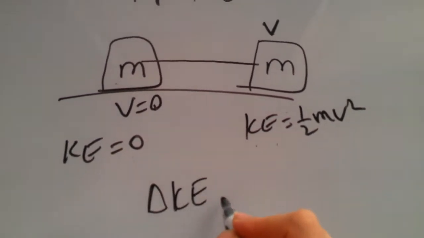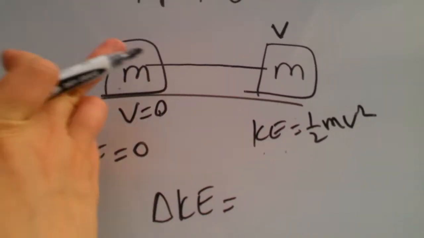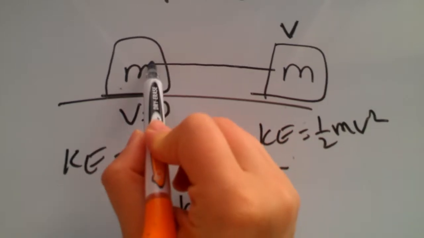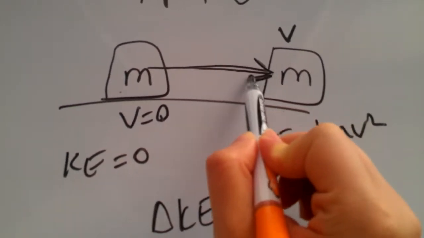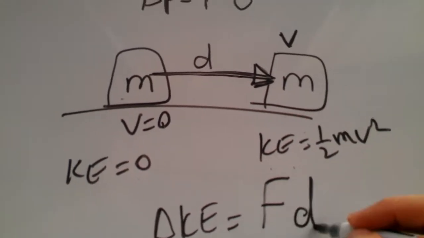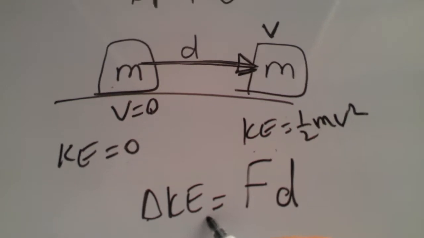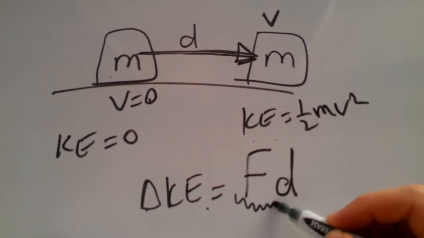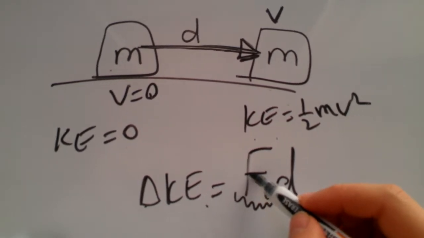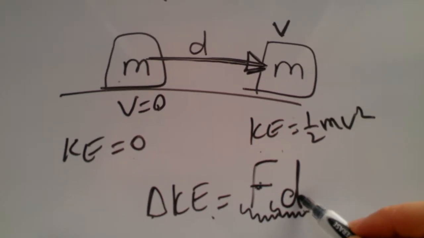Change in kinetic energy obviously deals with my force pushing it to the right. And my force also got this block moving by d meters, right? And it turns out that change in kinetic energy is essentially the exerted force on the object times the displacement that this force is doing on this object.